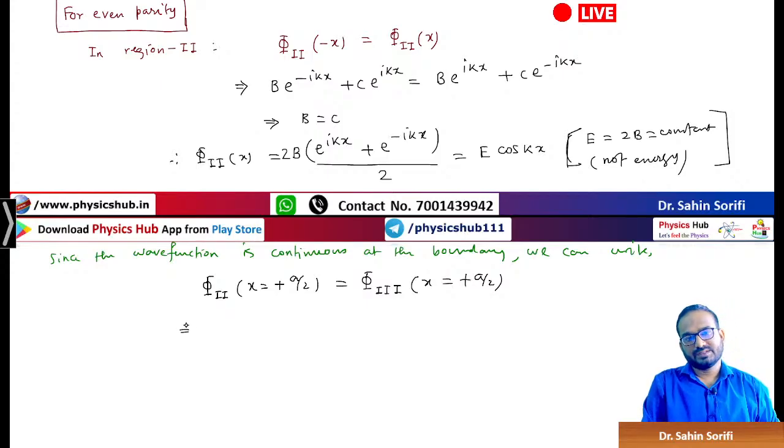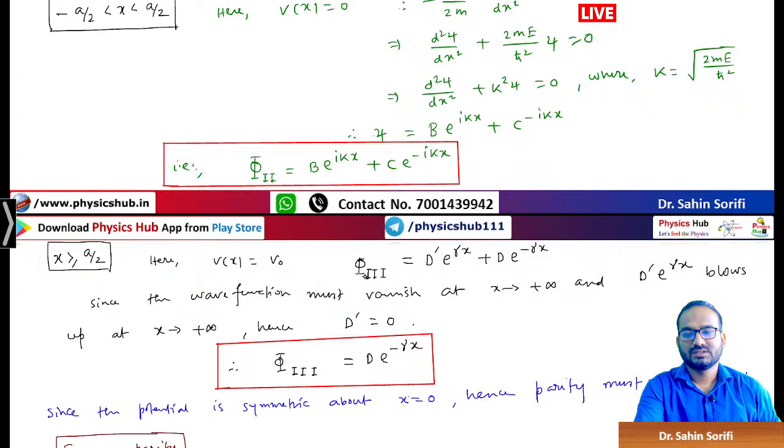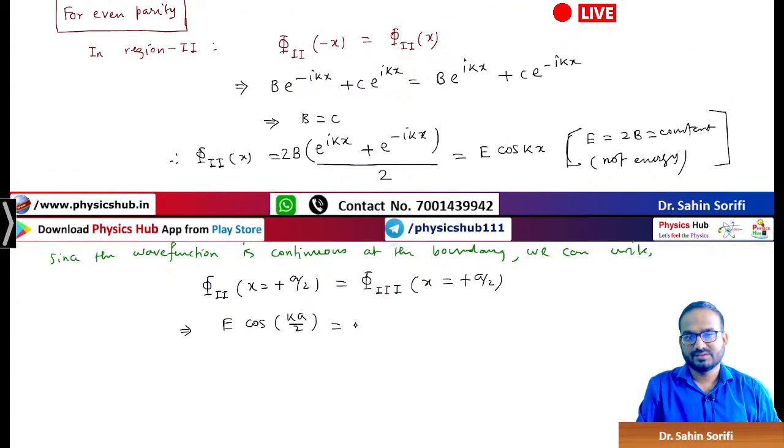If you write it, at x equals plus a by 2, E cos(ka/2) is equal to phi 3, which was D e to the power minus gamma x, at x equals a by 2.